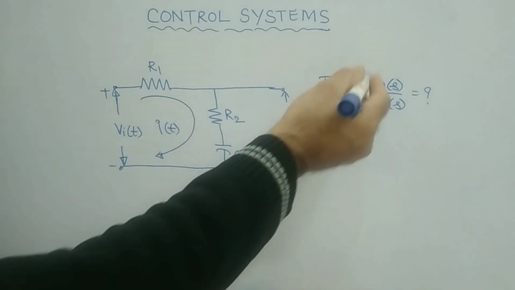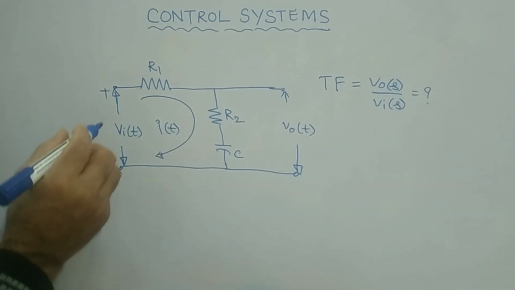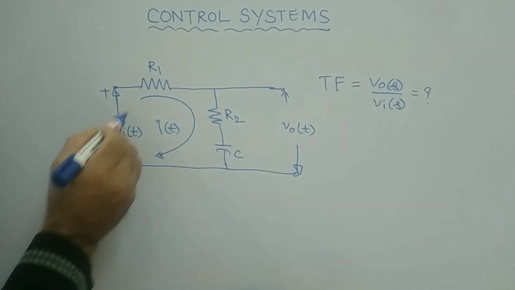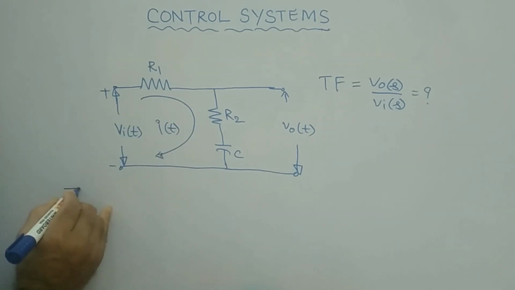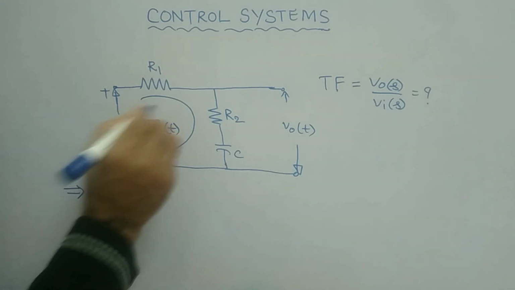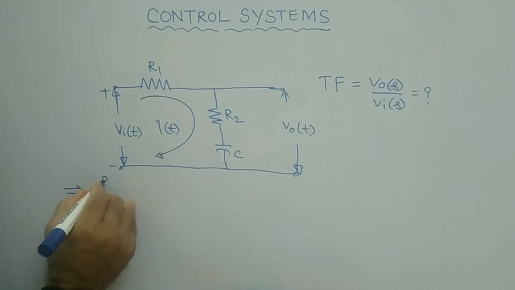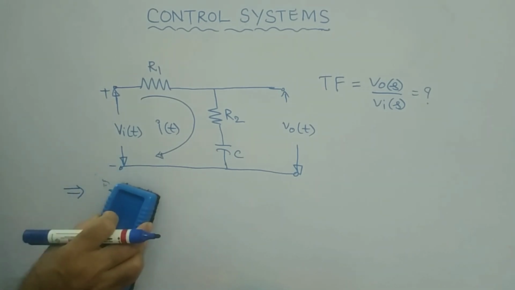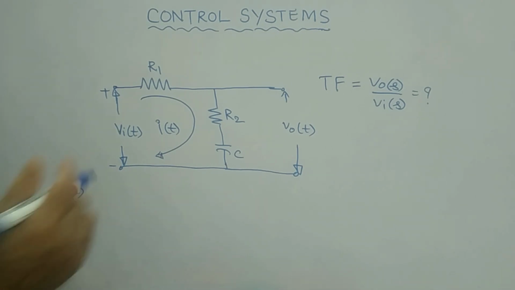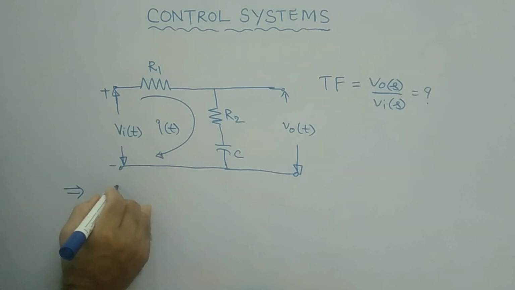In order to derive this expression, consider it as loop 1. If you apply KVL to loop 1, what will it be?